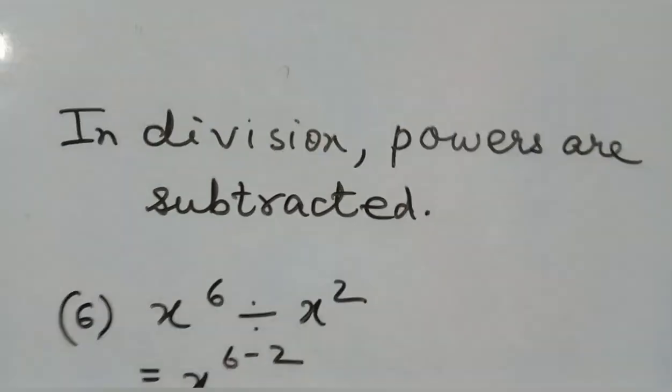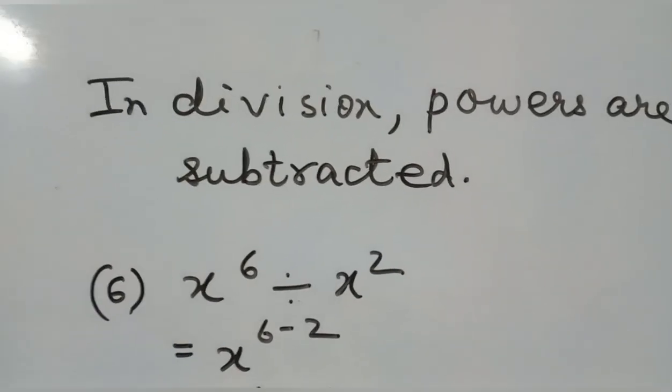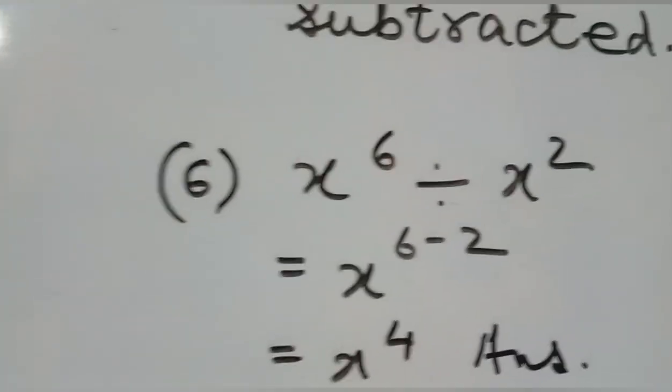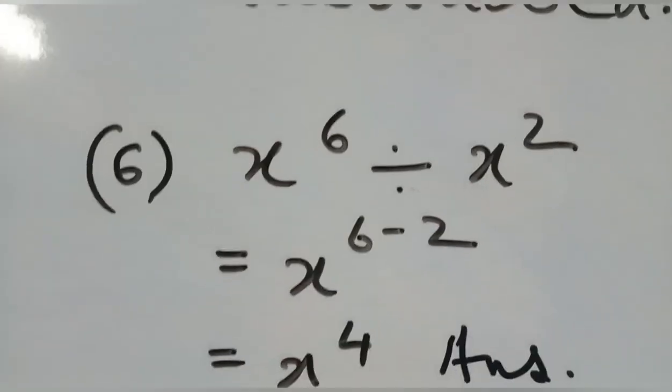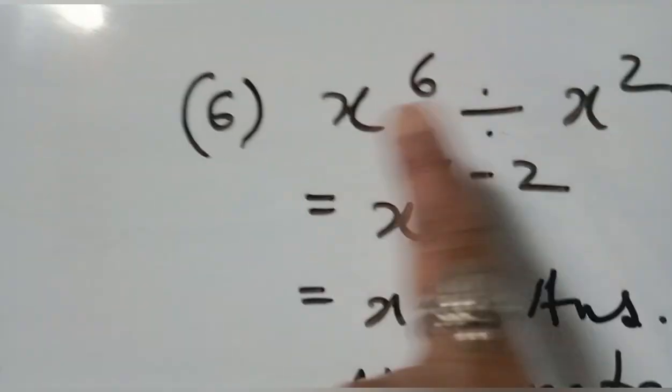Clear? Now, in case of division, what is the general rule? In division, powers are subtracted. Okay, subtracted. Okay, now see. X to the power 6 divided by x to the power 2. First thing is they are of same quantity.